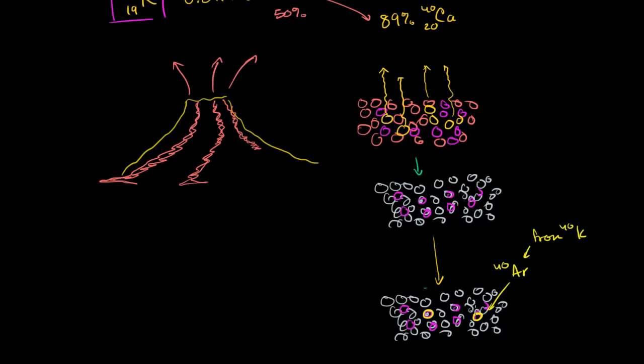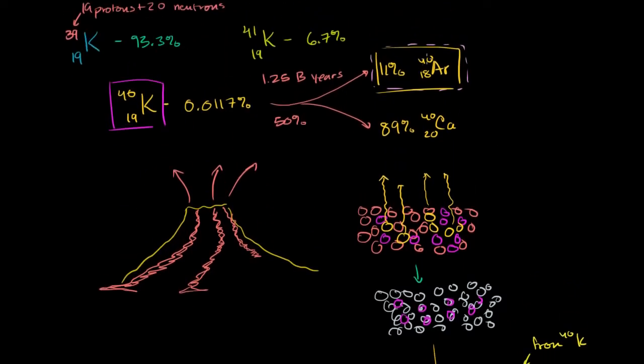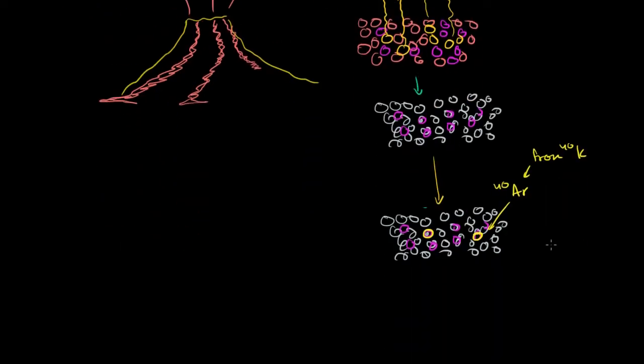So you can look at the ratio. So you know for every one of these argon-40s, because it's only 11% of the decay products that are argon-40, for every one of those, you must have on the order of about 9 calcium-40s that came from that also decayed.